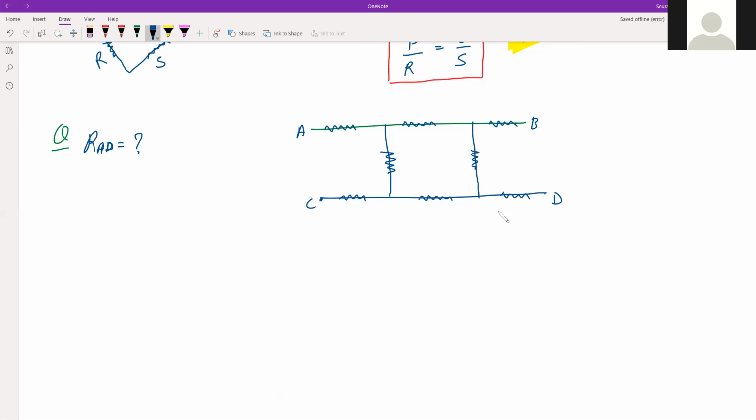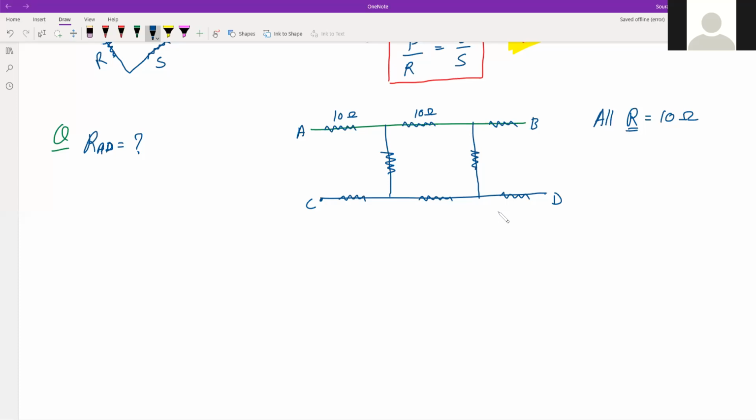All the resistors are 10 ohms, all R equals 10 ohms. We have to find the equivalent resistance. Better I'll write them as R.